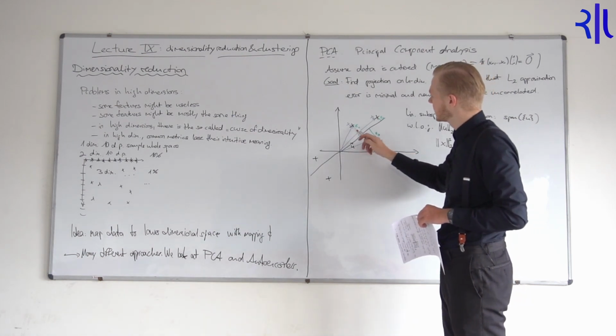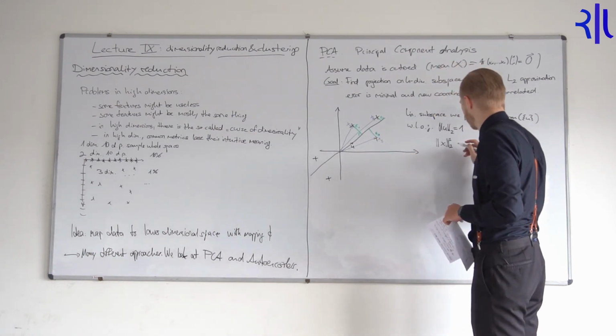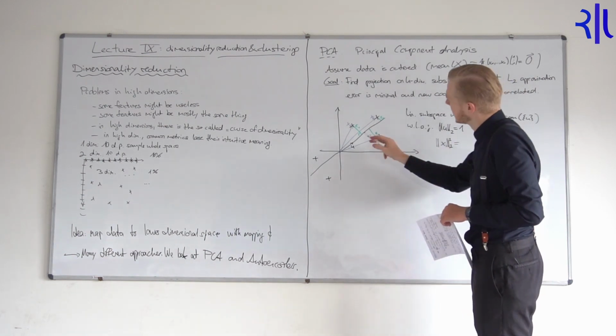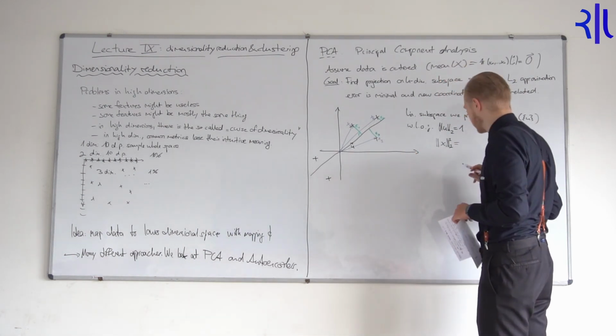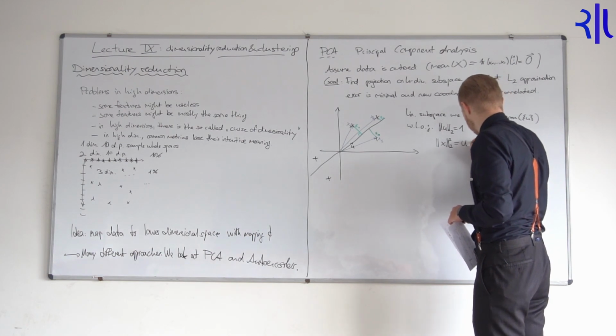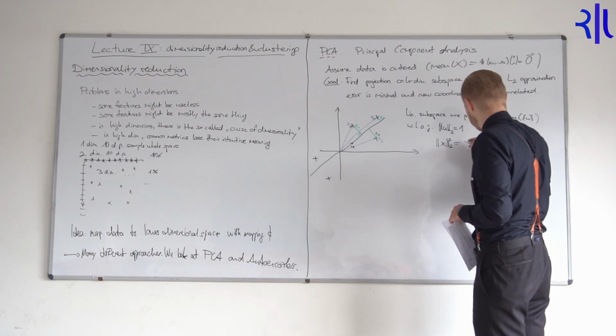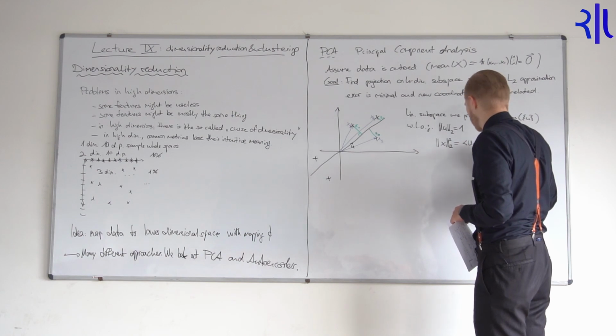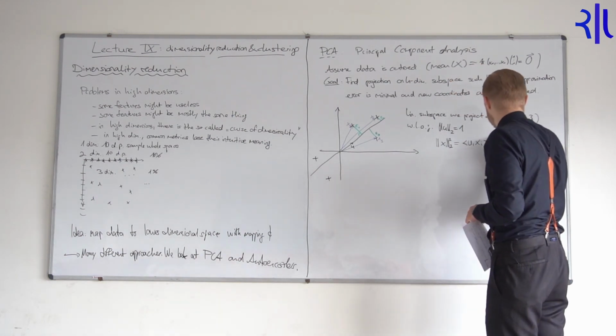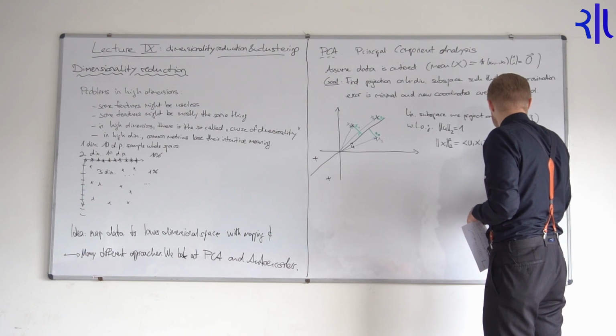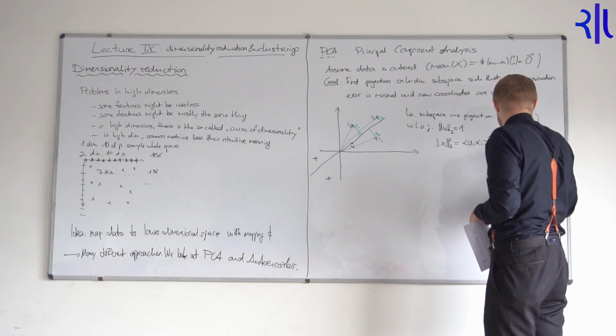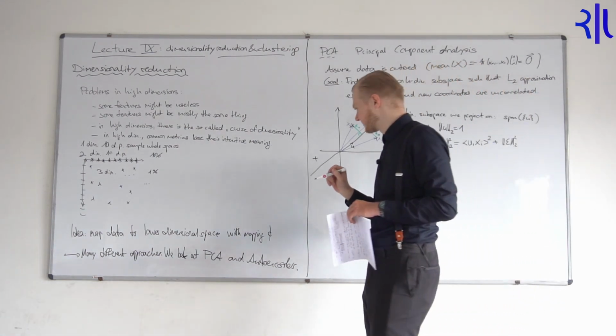Our hypotenuse here, the length of x1, is equal to the length of the projection onto the subspace U, which will be, because U is normalized, the scalar product of U with xi, but we have to square it, plus the squared length of the error.